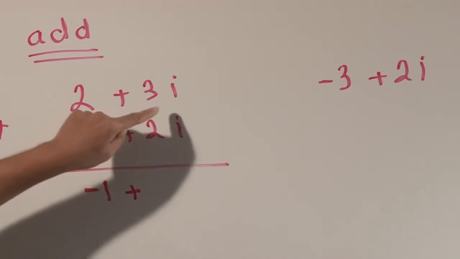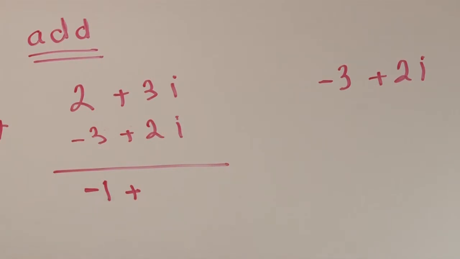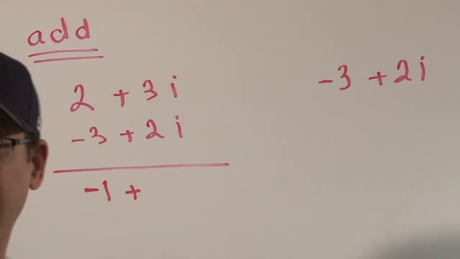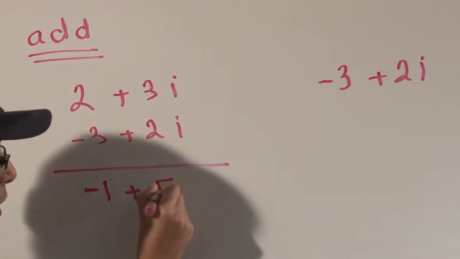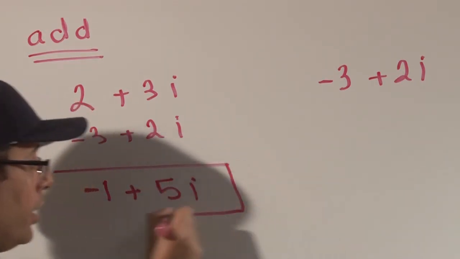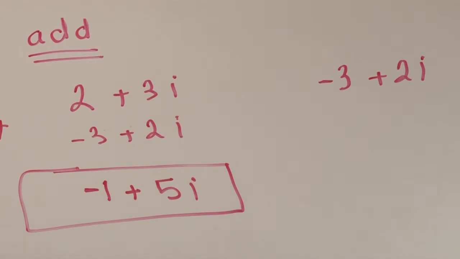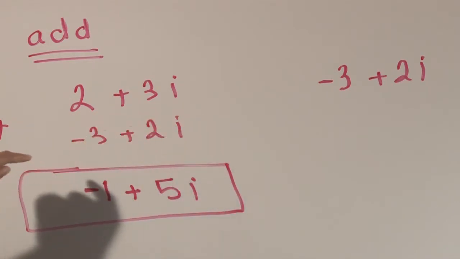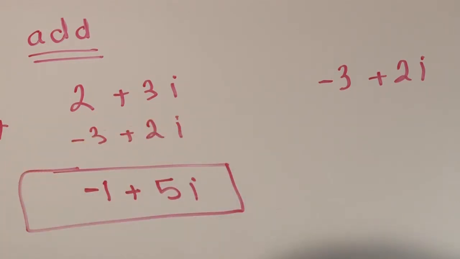Forget about this. This is an apple, and this is an apple. I have 3 apples and 2 apples. So how many apples do I have? 5. So that would be 5i. And this is the result that I want to see. This is the sum of 2 plus 3i and negative 3 plus 2i.